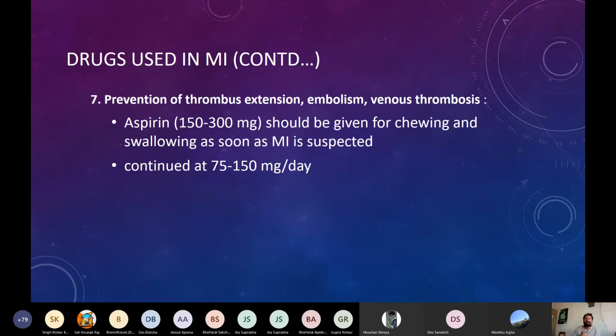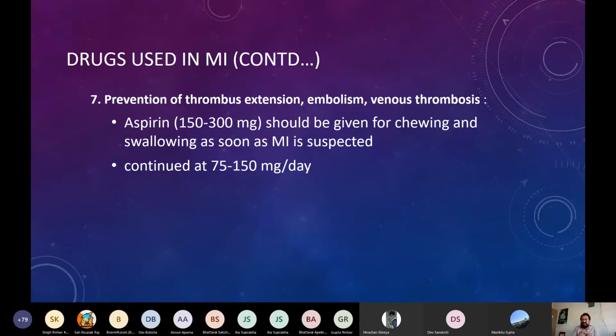Aspirin is one of the most important drugs, guys. Immediately when the first instance of pain is there, the patient should have aspirin 150 to 300 mg tablet, chew it and hold it around the mouth so that it gets absorbed immediately and can work immediately.